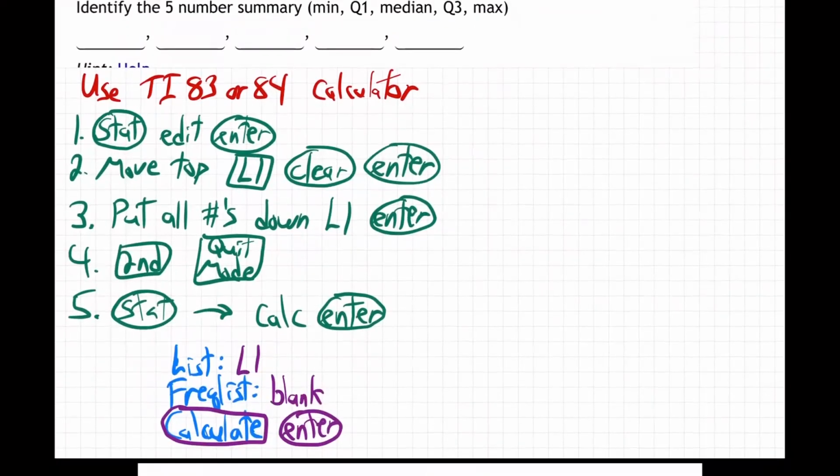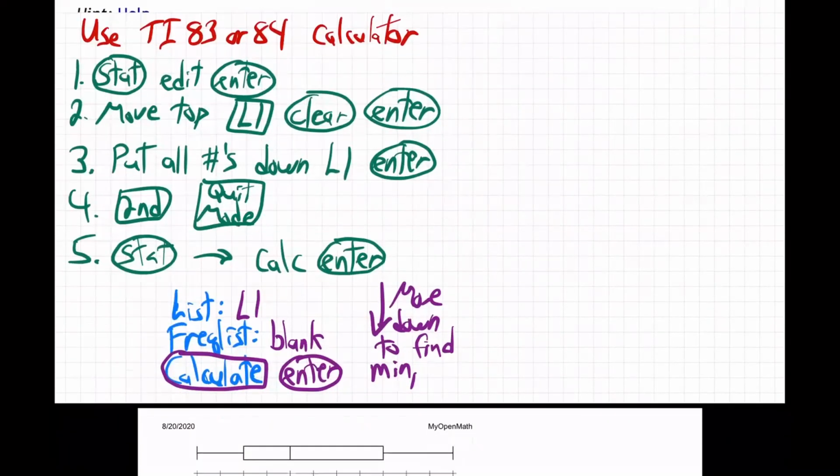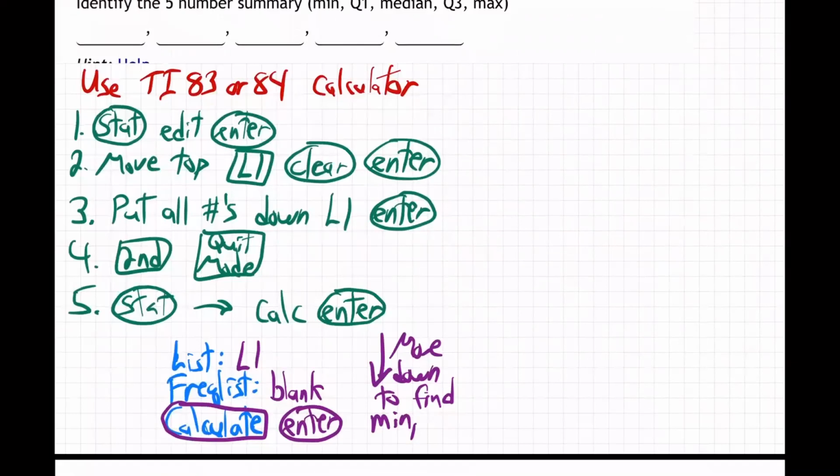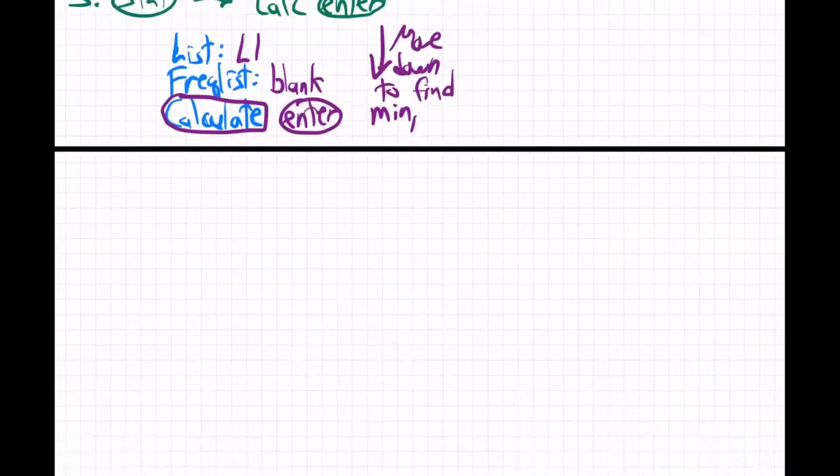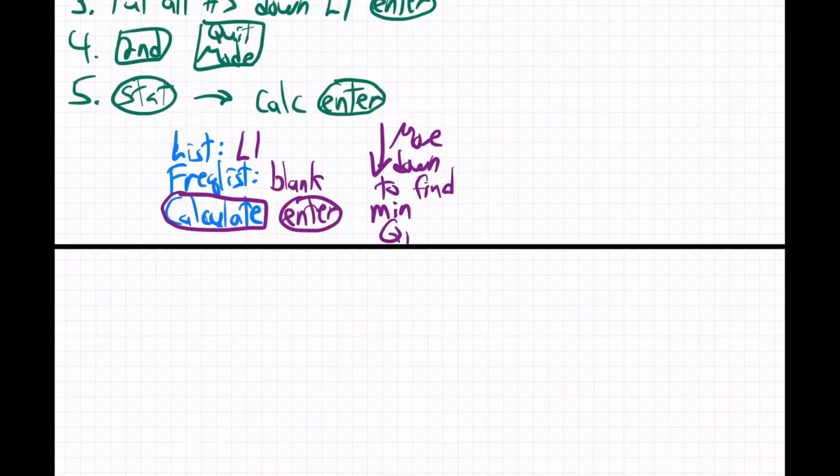And then you've got to move down to find min, Q1, median, Q3, and max.